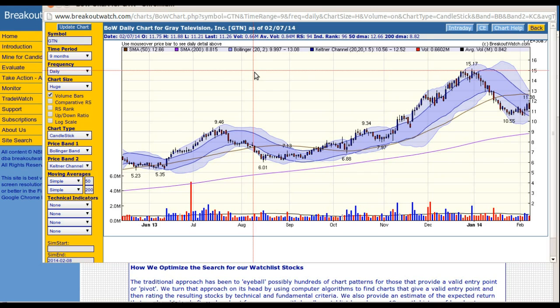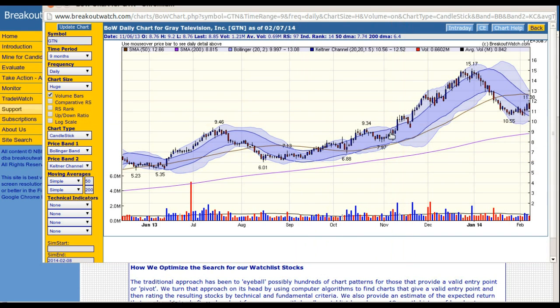Now, the squeeze is formed when the Bollinger Band falls to within the Keltner channel. So the Bollinger Band is the pale blue envelope here, and the Keltner channel is the darker blue envelope in the middle. And you can see in this area here that the Bollinger Band moved inside the Keltner channel. That's a point that we call a squeeze.